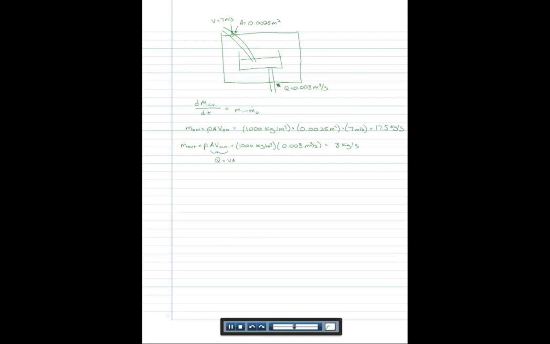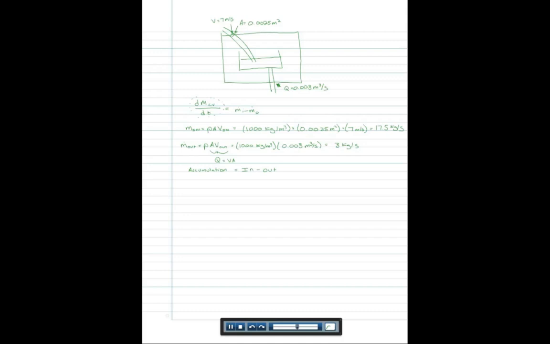And so if you consider the accumulation, that's really what the Reynolds transport theorem is saying, is how much mass is accumulating inside of the control volume with respect to time. And so accumulation is what goes in minus what goes out.